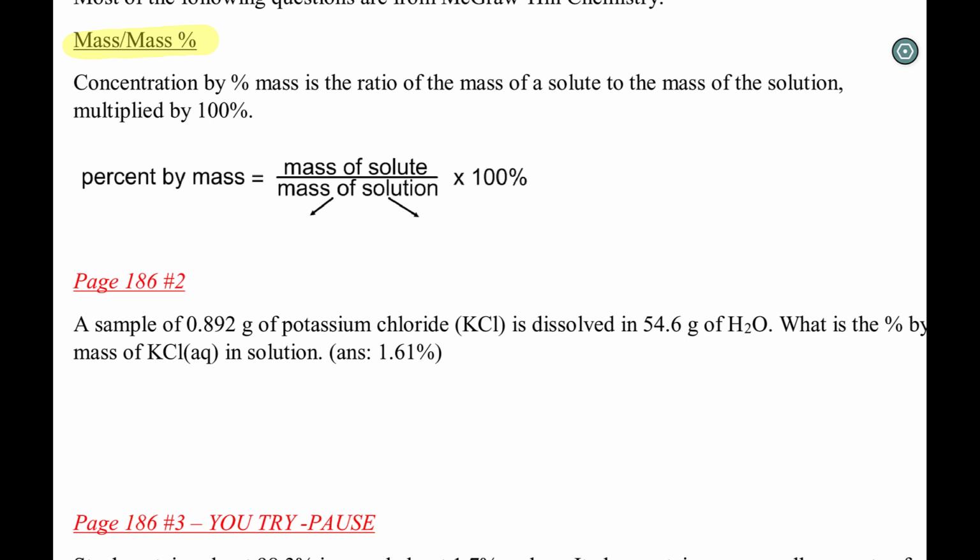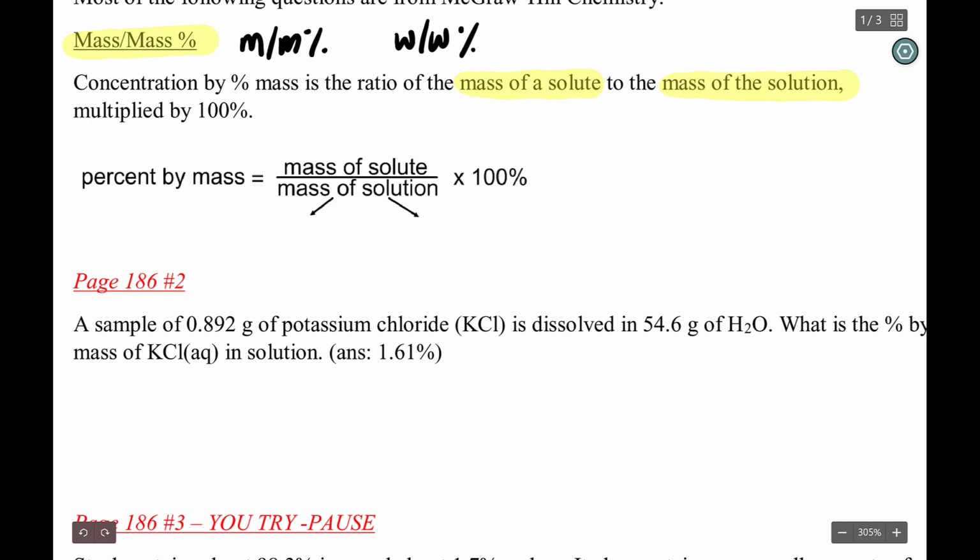So the first type of concentration we're going to do is the ratio of the mass of the solute to the mass of the solution, multiplied by 100%. So this is often called mass percent or weight percent, and the abbreviation is m/m% or w/w%.